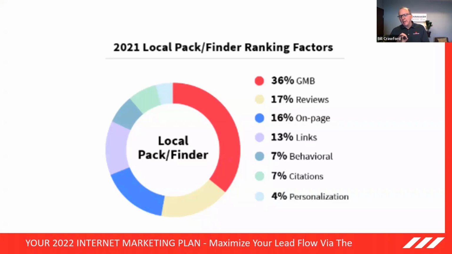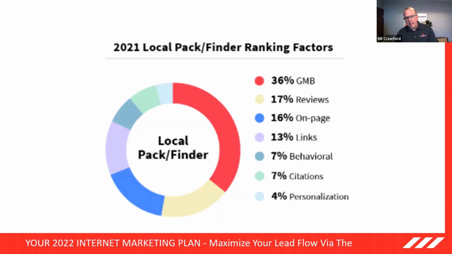It's got your name, your address, your information. It's got reviews. You might have a question and answer area. You might have Google Posts on the bottom if you're playing the game right. There's a few other things as well. So having a complete profile, getting a lot of reviews, putting Google Posts in that section, these are all things that are going to drive your ranking.